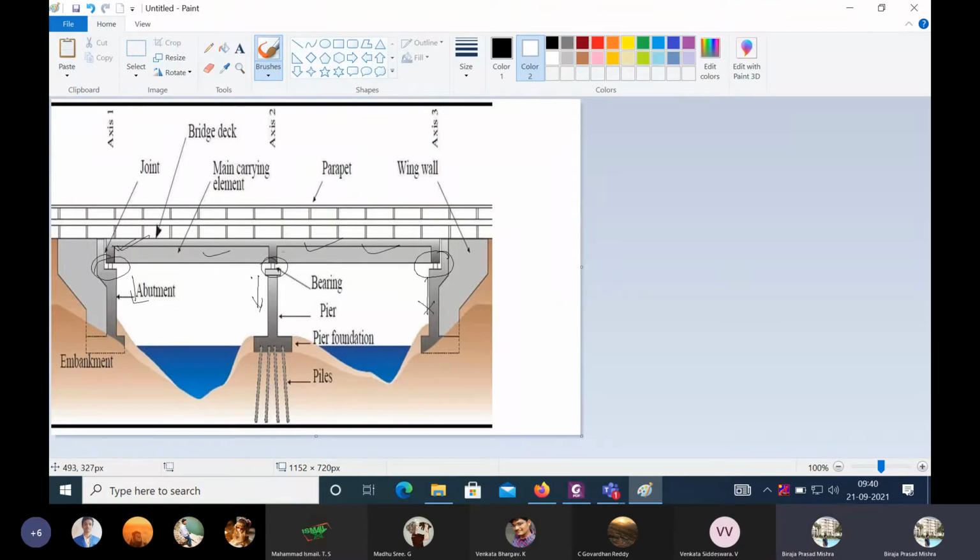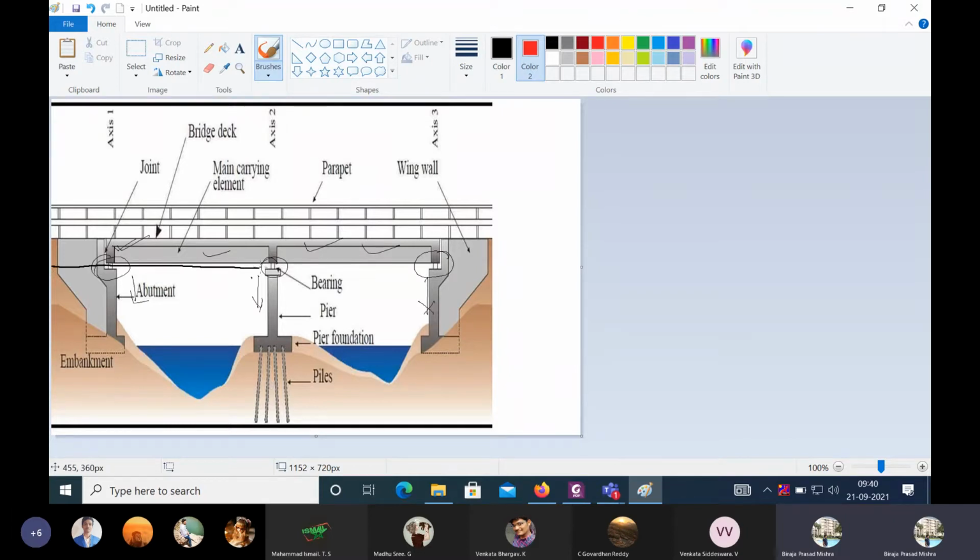A bridge is generally divided into two parts. The first part is called the superstructure. Which part is the superstructure?